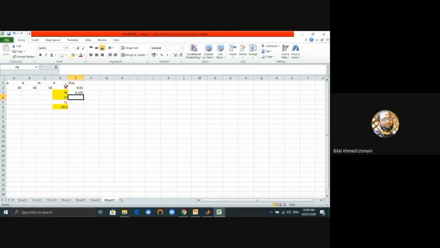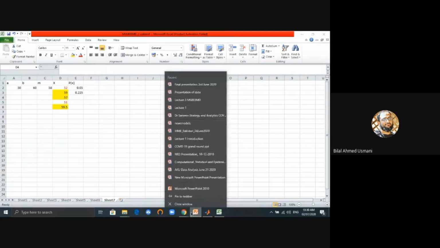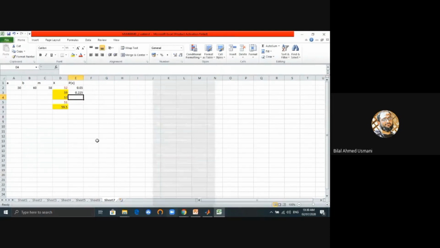So this is how we can construct a triangular distribution, and this is how we can calculate the PDF of a triangular distribution. How can we find a way to get the CDF? Let's assume it to be a discrete function.